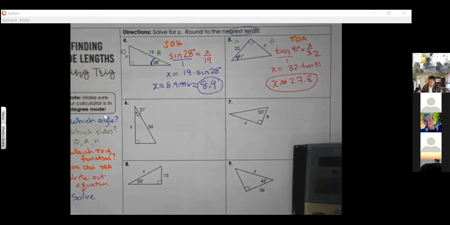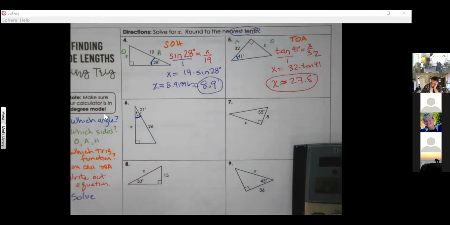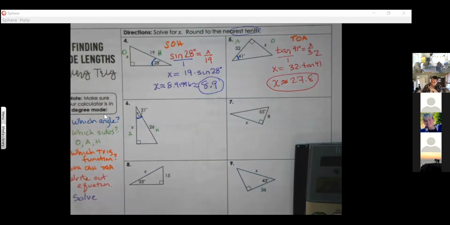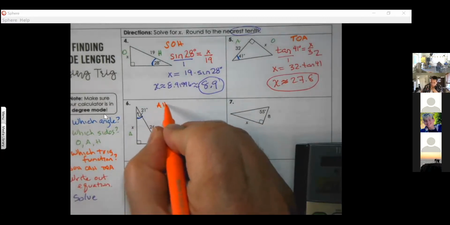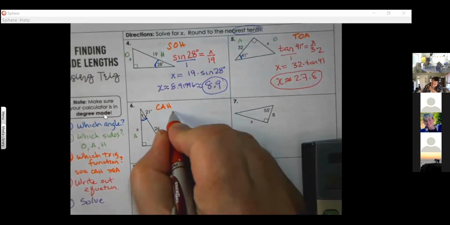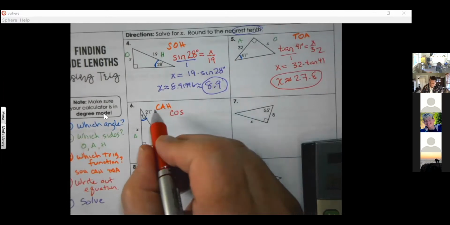Okay, let's try one more down here. So here's my angle. That makes this adjacent and hypotenuse. Adjacent and hypotenuse, that's CAH. So I can say that the cosine, and always, always, always, after the trig function comes the angle measure.